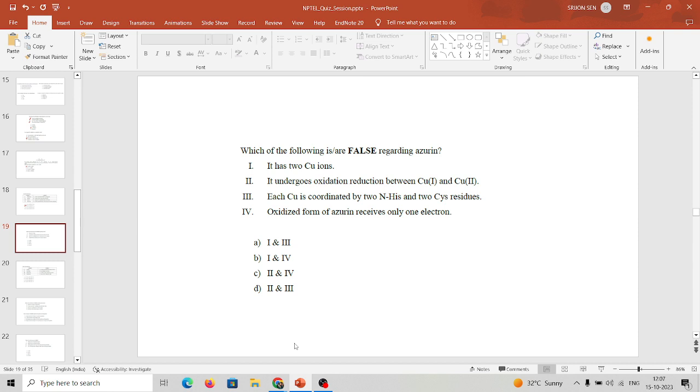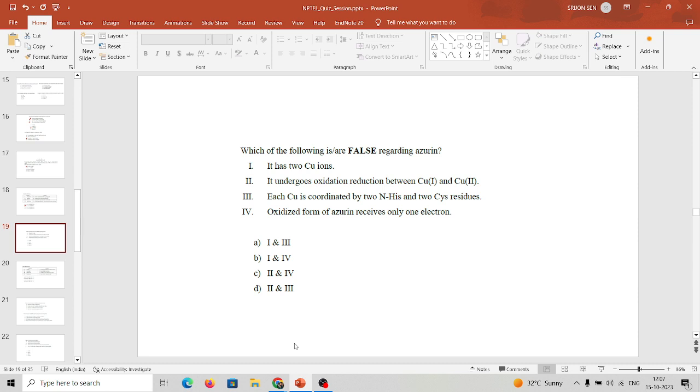So when we speak about azurin, we have to know that azurin is a tetrameric protein having four copper centers, and these copper centers are coordinated by two N-histidines, three cysteine residues at the equatorial position, and one carbonyl oxygen of glycine and methionine.